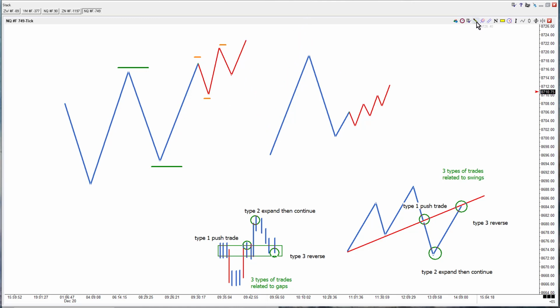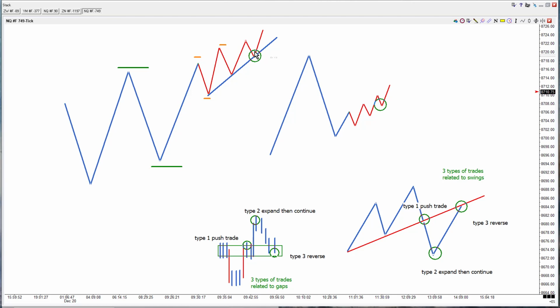And so a push trade is going to be, yeah, I'm getting in right here on these little swings. So that would be a push. That would be you're pushing it. Or I'm getting in here on these little swings. That would be pushing it.